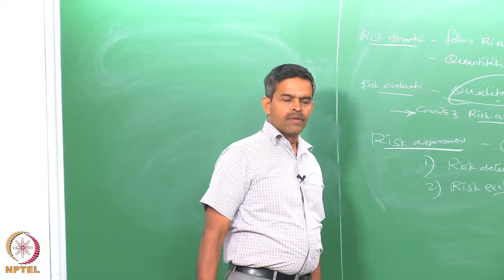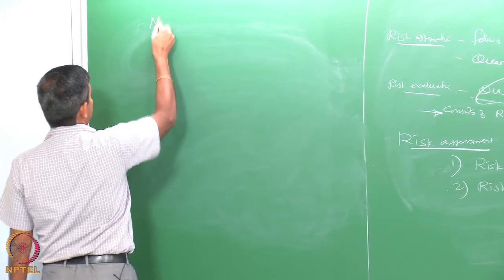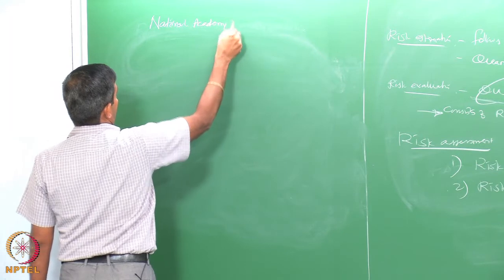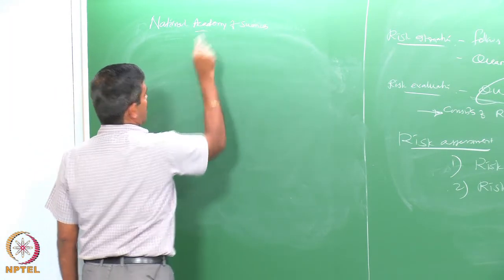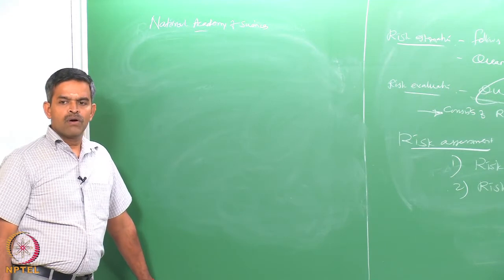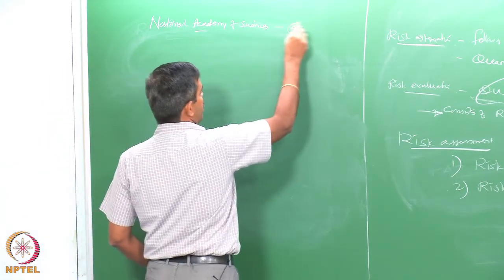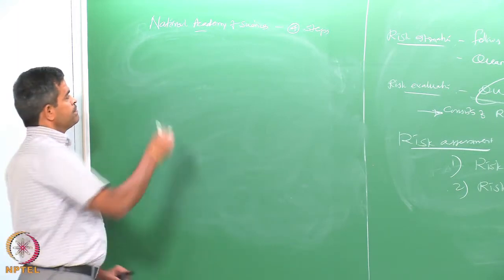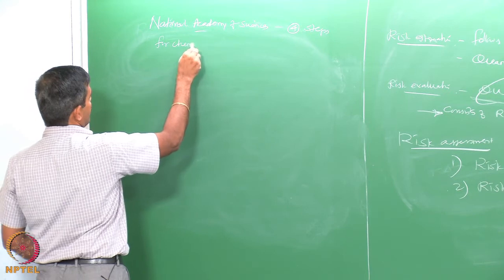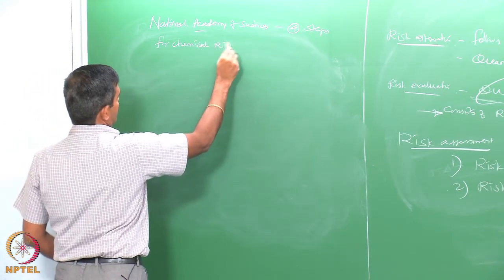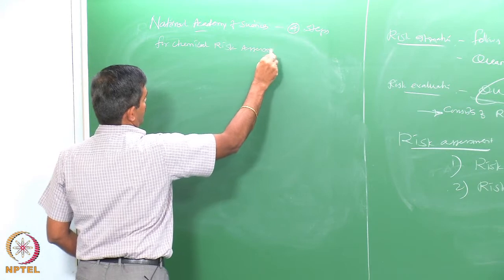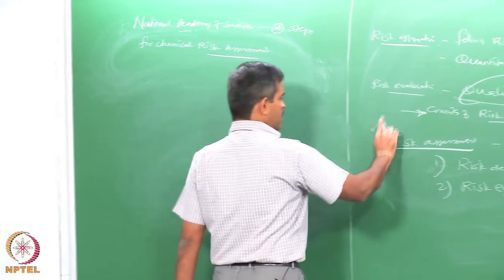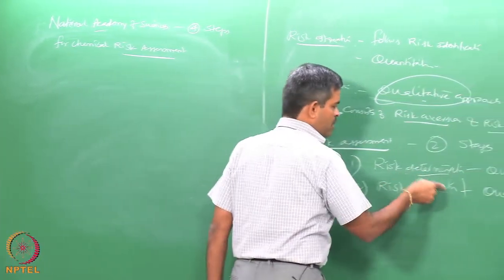So, now the National Academy of Sciences identified 4 steps for chemical risk assessment. Please understand, risk assessment has 2 stages, determination and evaluation.